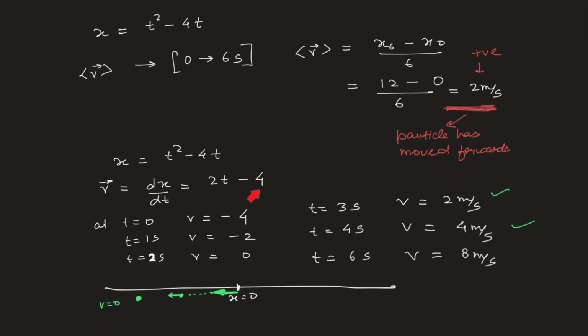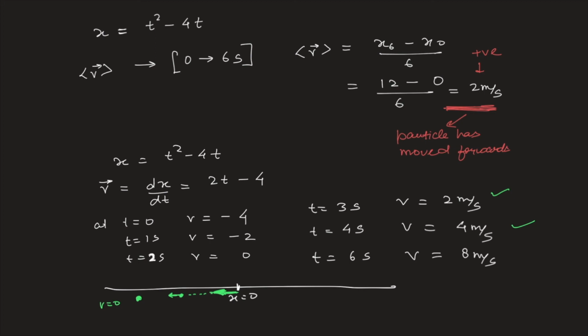You can check this from the result here: if you put the time 2.5 seconds, 2.5 times 2 is 5, 5 minus 4 is 1. So if you put the time ahead of 2 seconds, the particle has a positive velocity.